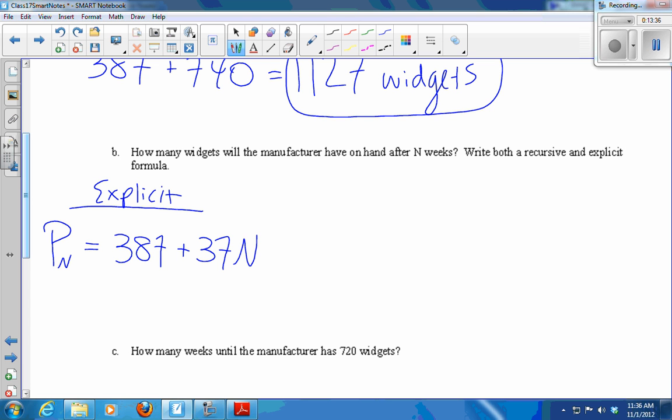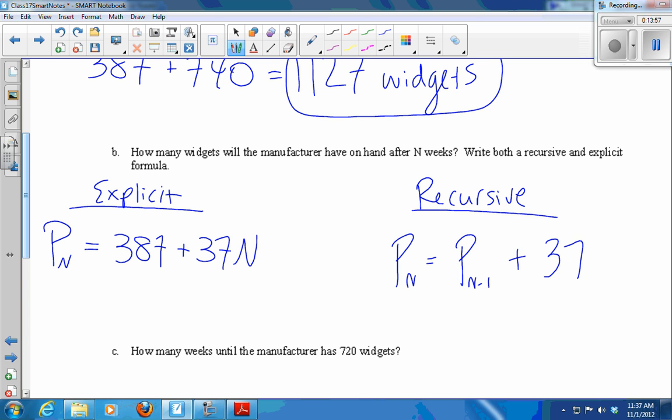So repeatedly adding 37 is a multiplication. And then for recursive, we would just say P sub n, the population of widgets after n weeks, is P sub n minus 1, the population from the previous week, plus 37. Good.